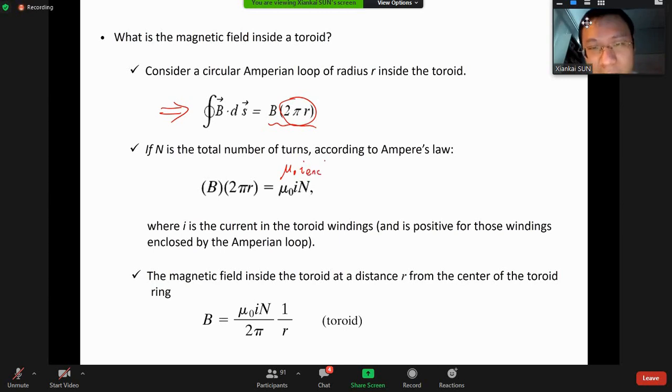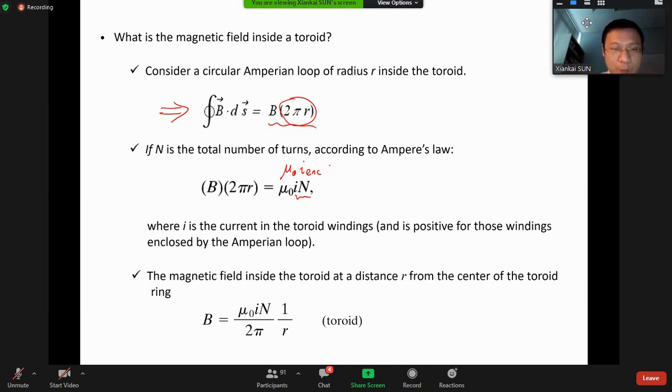And here I enclosed is what? I enclosed is I times big N, because there are N turns that are enclosed by the Amperian loop. So you need to add all of them up to give the total enclosed current.